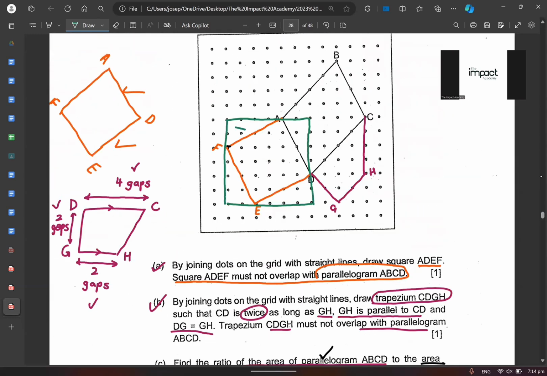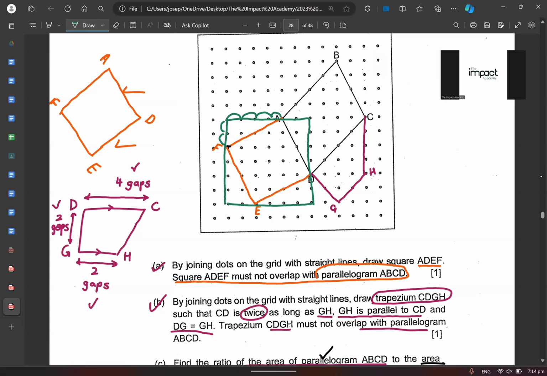Then of course we want to take away the right angle triangle. For the right angle triangle you can go with 1, 2, 3, 4, 5, 6 and 1, 2.